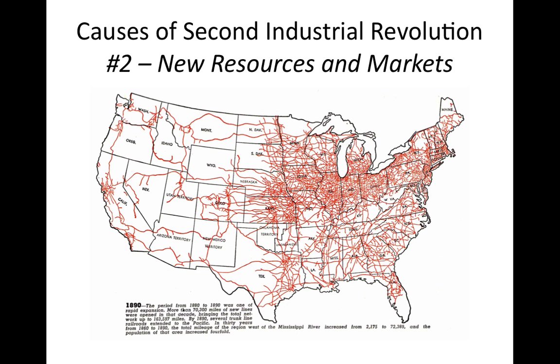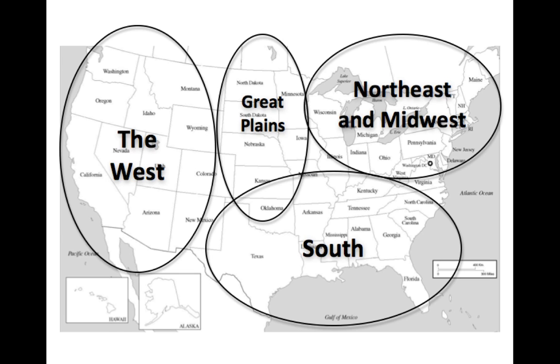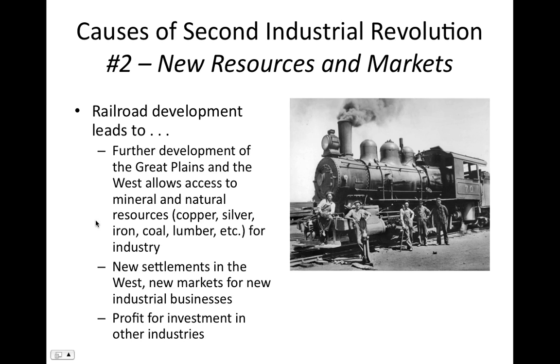Anyway, the railroad development that I talked about into the western parts of this country allowed for access to the resources in the west that I spoke about, and that led to the further development of the Great Plains in the west. So, like I said, allowing for a way of moving people and goods and services all the way across the country, including into and out of these new territories, allows access to all kinds of resources.